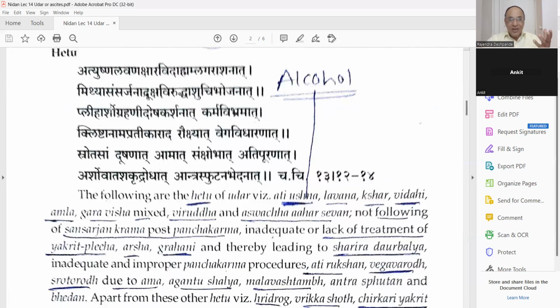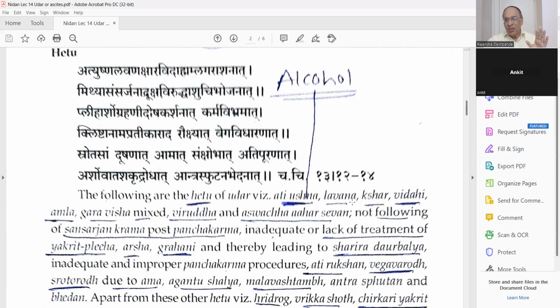Next point. So here you can see the hetu, that is the causes. Ati Ushna, Ati Lavana, Ati Kshara, Vidahi, Amla, Garashanat, Mithya Sansajana, Ruksha, Viruddha, Ashuchi Bhojana, Pliha, Arsha, Grahani, Dosha Karshanat, Karma Vibhrmat, क्लिष्टान्नाम प्रतिकारात रौक्षात वेग विधारणात, स्रोतसाम दूषणात आमात संक्षोभात अतिपूरणात अर्शो वात शकृत्रोधात आंत्र स्फुटन भेदनात.